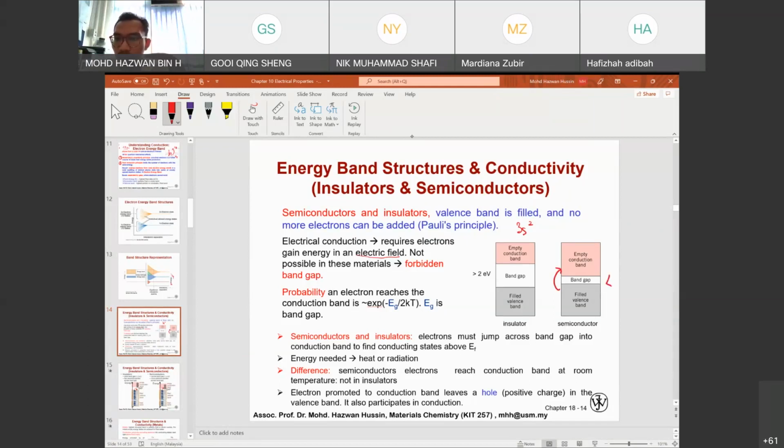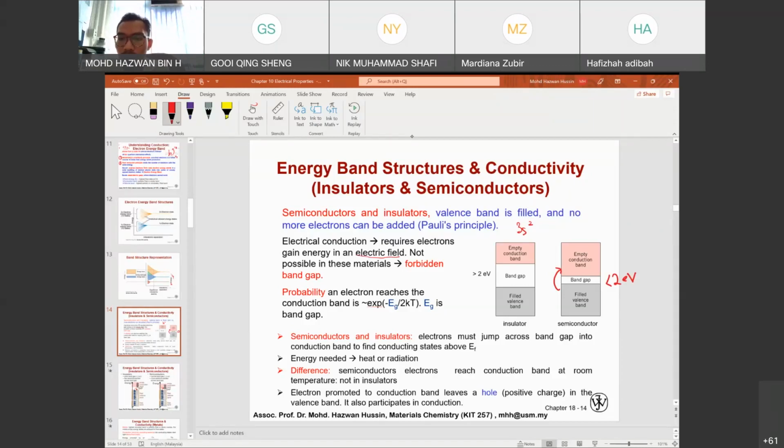So what is the minimum Fermi energy required for semiconductors? Normally for semiconductors, the band gap is very narrow, and the Fermi energy is less than 2 eV. 2 eV is the unit for energy.